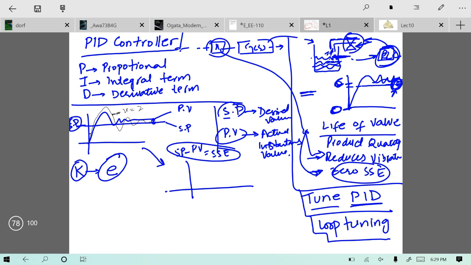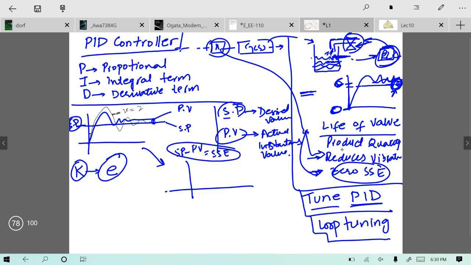So we have seen that this controller decreases the rise time of your system. It increases the overshoots. For settling time, I think there will be a very small change, and the steady state error will obviously decrease.